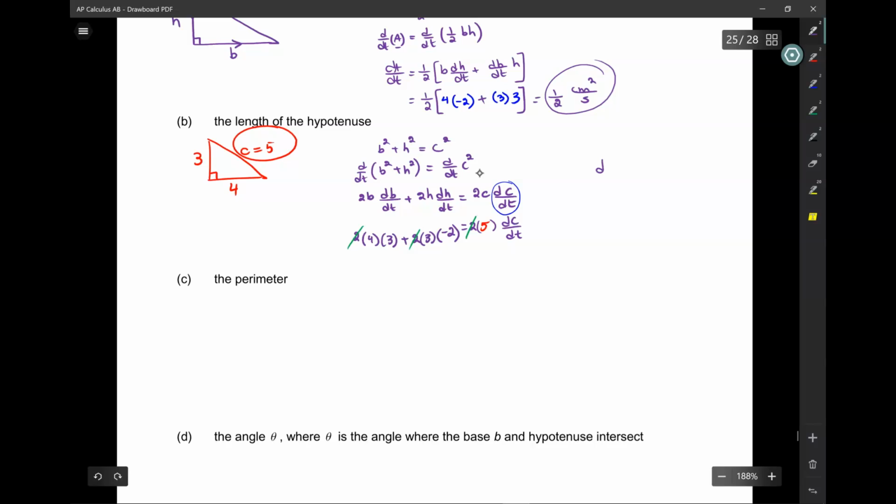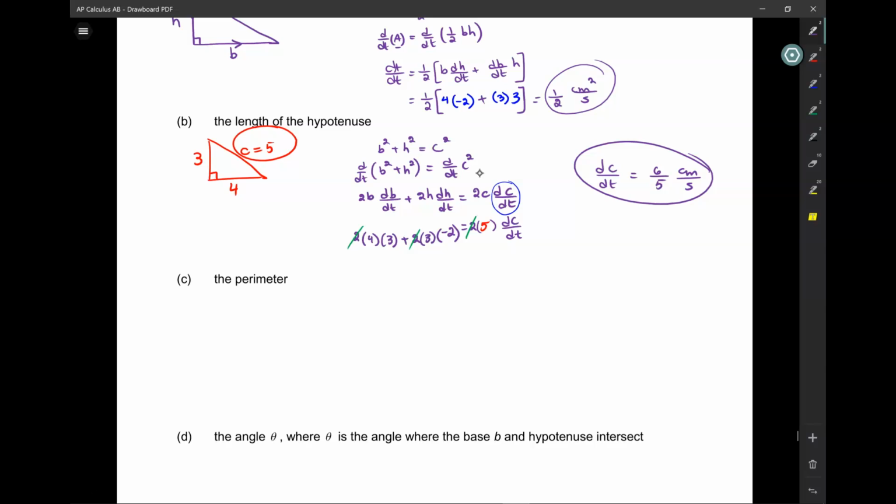So finally, dc/dt is equal to 6/5. This is the rate that side c is changing. That's centimeters per second. Yeah, these are super cool.